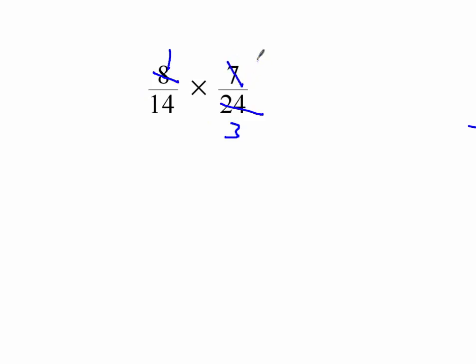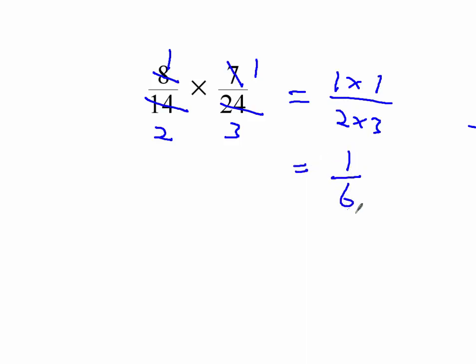So 7 will reduce itself to 1, and 7 will reduce 14 to 2. From here we can conclude 1 times 1 over 2 times 3. Therefore, our answer is going to be 1 out of 6.